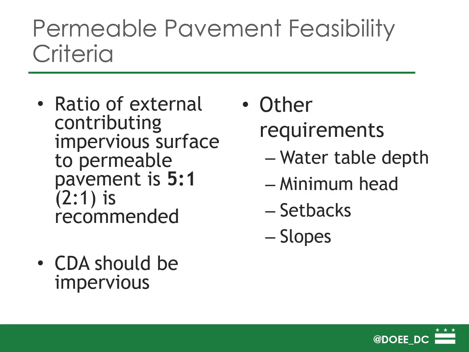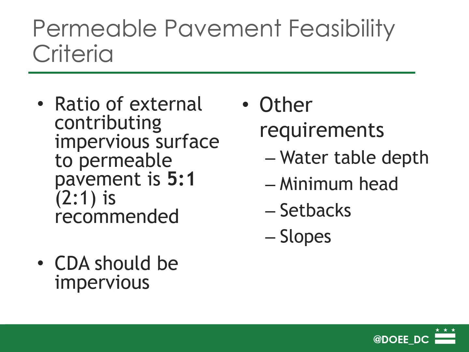There are some feasibility criteria that are important to mention here. The ratio of external contributing impervious surface to permeable pavement area is a maximum of 5 to 1. Much lower, 2 to 1, is recommended, but the absolute maximum is 5 to 1. The key thing here, as well as keeping the CDA as impervious as possible, is that we want to limit loading of sediment that can clog the surface of the permeable pavement system.